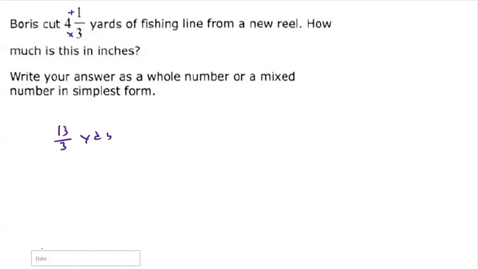Okay? Put the yards on the top there. Now, the rest is the same as before. We want to convert from yards to inches. So we know that 3 feet is equal to 1 yard, and that 12 inches is equal to 1 foot.